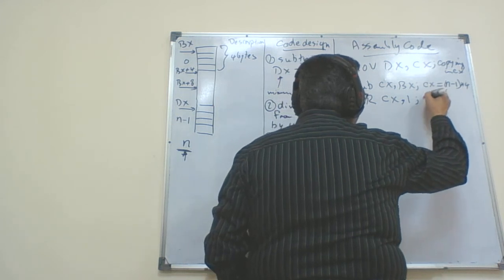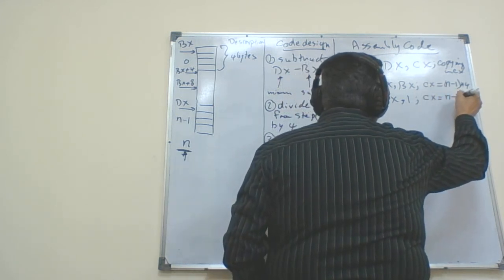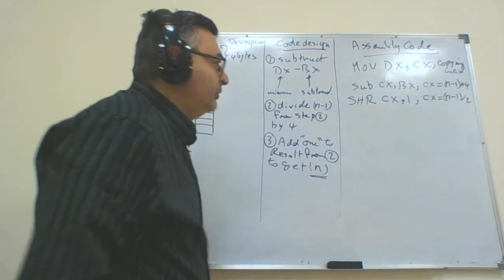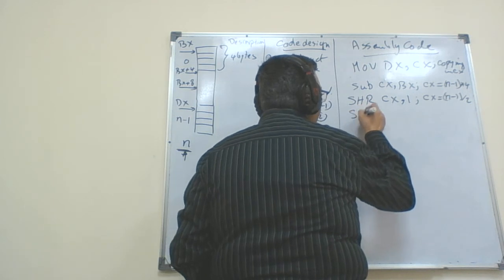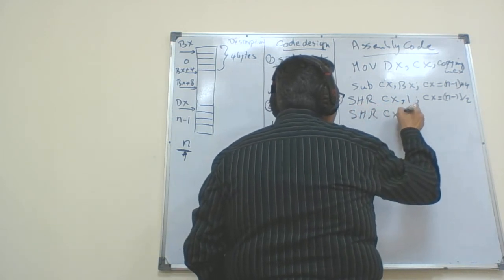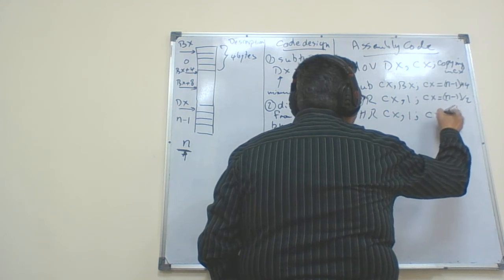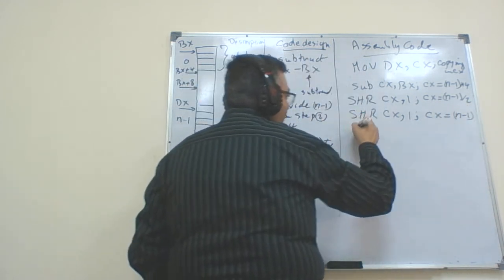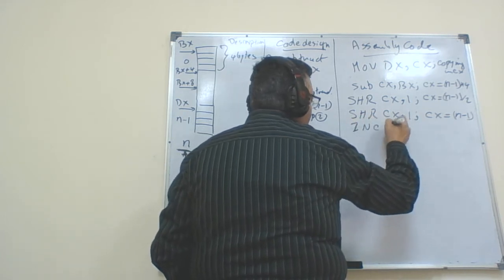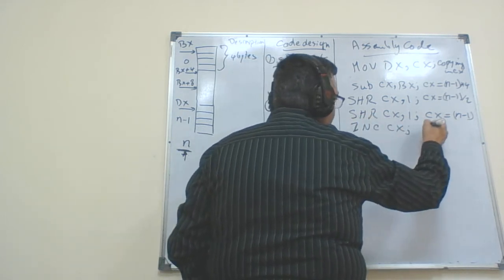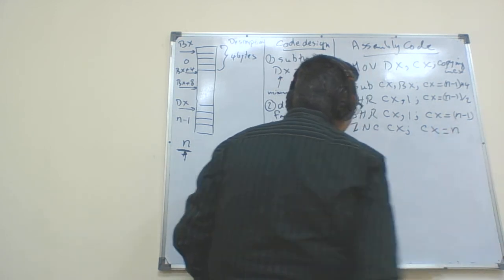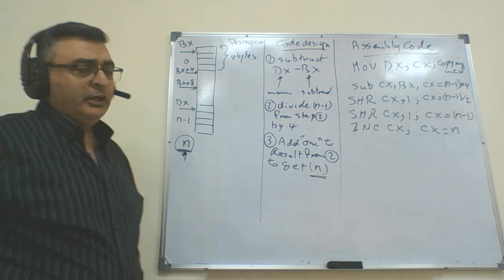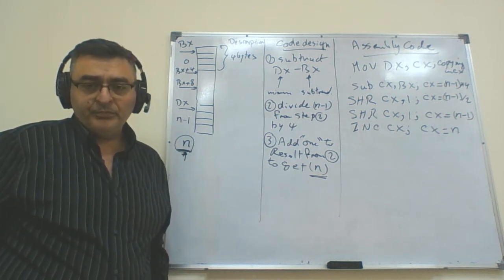This will divide CX by 2 and give me n minus 1 over 2. Then do another shift for CX and 1, so CX now equals n minus 1. Finally, increment CX, so CX now equals n. So I will get the number n that the problem was looking for. Agree?